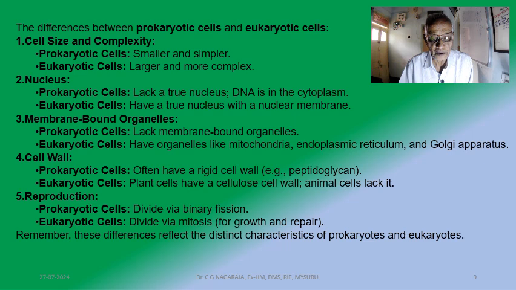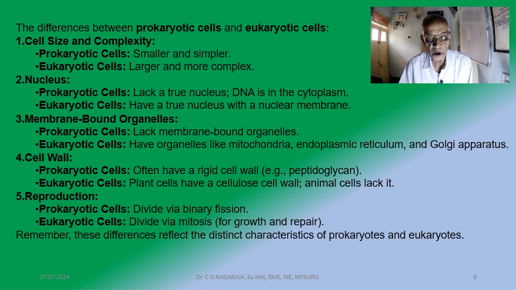This is one of the fundamental questions you should try to understand as a student of biology. What are the differences between prokaryotes and eukaryotes? You try to understand the meaning of prokaryote. Karyo refers to nucleus.